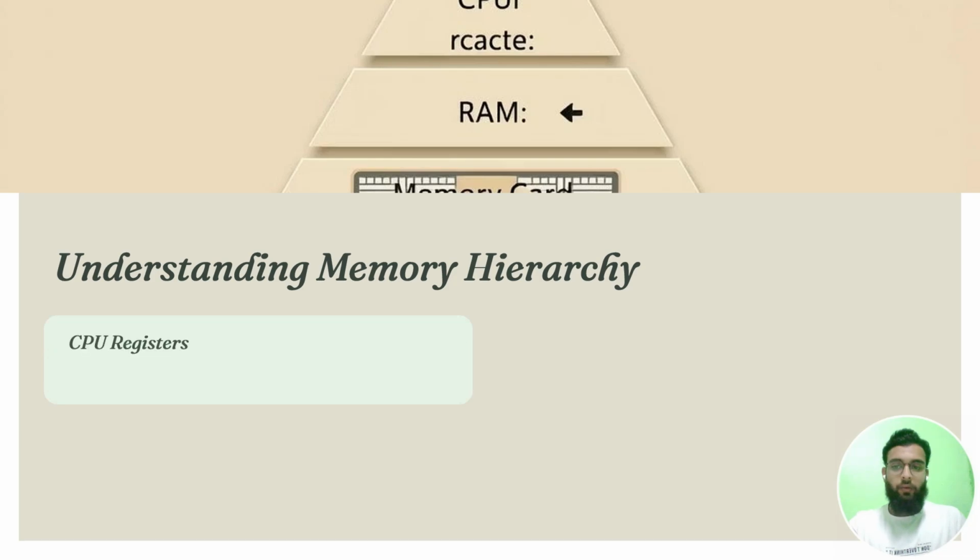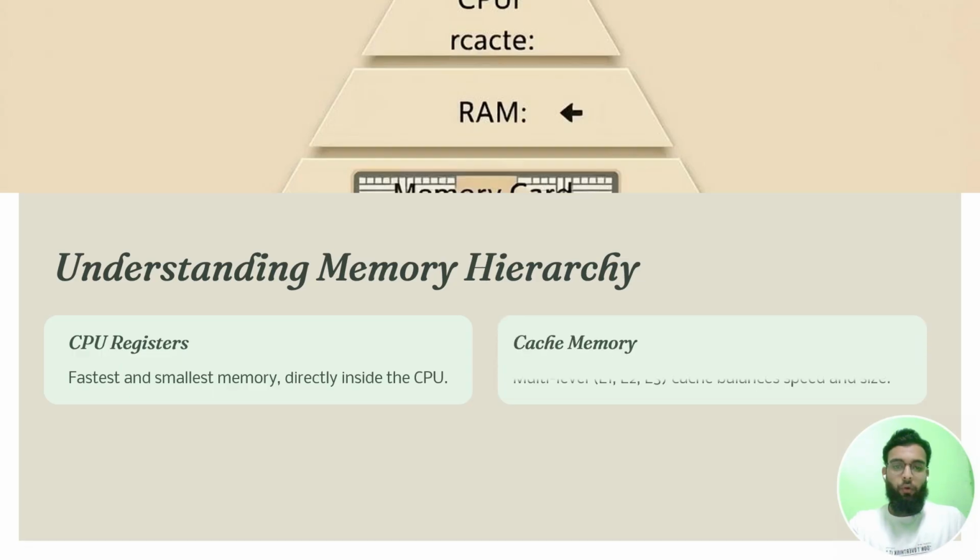So first we have the CPU registers, which are the fastest and smallest memory area, which is directly inside the CPU. Then we have the cache memory, in which we have multi-levels like the L1, L2, and L3 cache, which balances speed and size.